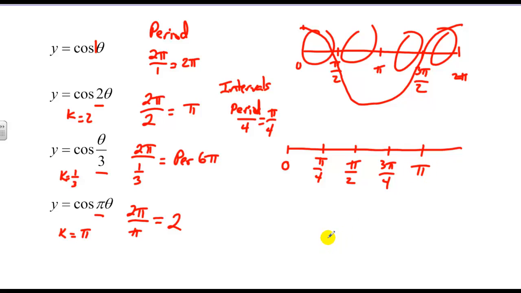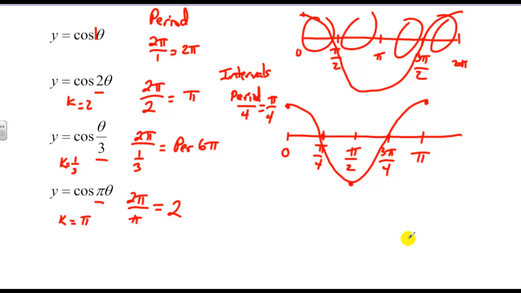Then I'm just going to graph my regular cosine function, because what I've done is multiplied my x values by what's changed, and now I'm graphing my original function the same way it was graphed before. And we can check these values real quick by plugging a number in. For instance, if I plug in pi over 2 to this function, then I'll have 2 times pi over 2, which is pi, and the cosine of pi is negative 1. So it checks out. All right.